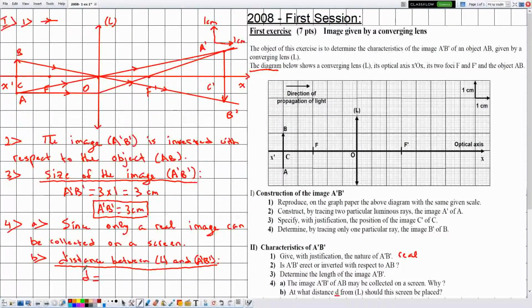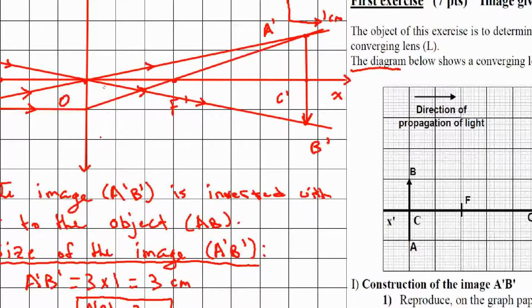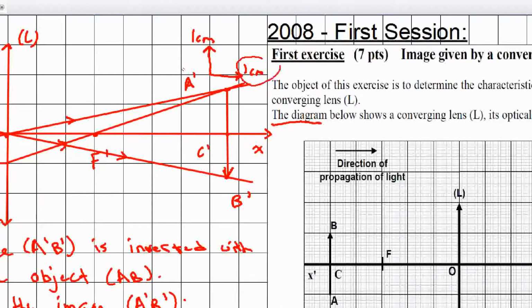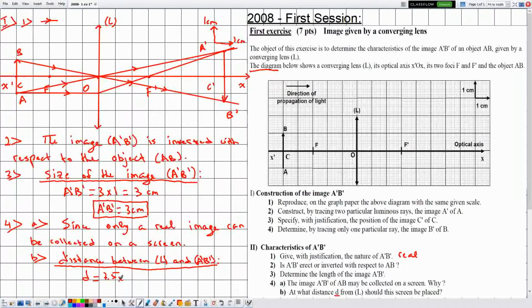Now this distance D consists of 1, 2, 3, 4, 5, 6, 7, 7.5. This is 0.5. So 7.5. And we multiply by the scale along which we have counted the number of divisions, which is the scale along the x-axis, and this will give me 7.5 centimeters. Then D is equal to 7.5 centimeters.